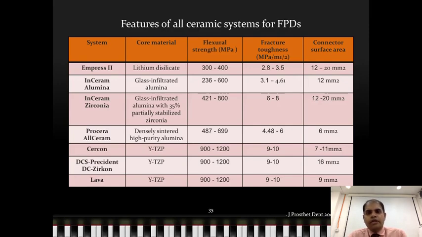The ceramic system that has less flexural strength, such as Impress 2, at 300 to 400 megapascal, requires more connector surface area in order to get more strength. Whereas if you see this table, Lava has the highest flexural strength, from 900 to 1200 megapascal, so it requires a lesser connector surface area, such as 9 square millimeters. This is one of the considerations that we have to take in while designing the connector size.